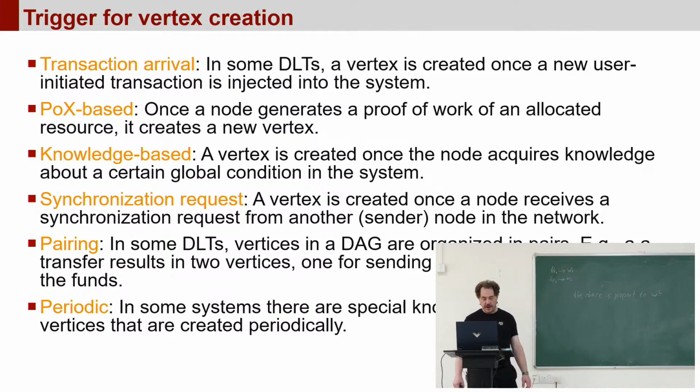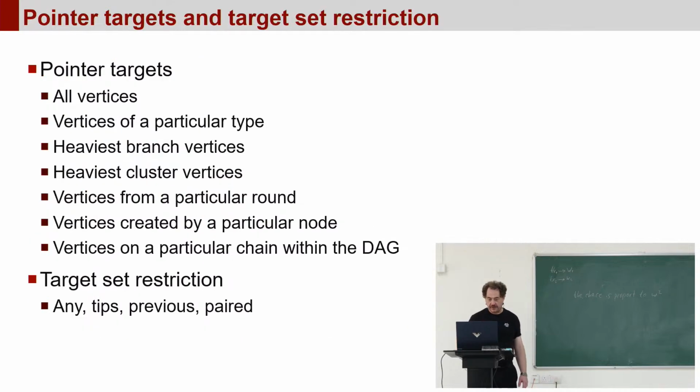And finally, pairing. In some DLTs, vertices in a DAG are organized in pairs. For example, a transfer may result in two vertices, one for sending and another for receiving the funds. So far, it's very abstract, but we'll take a look at some systems soon.